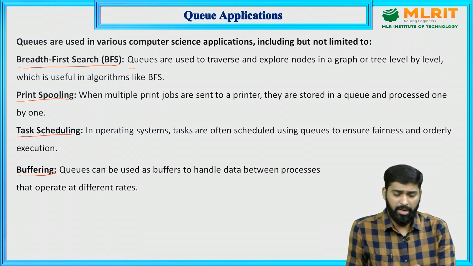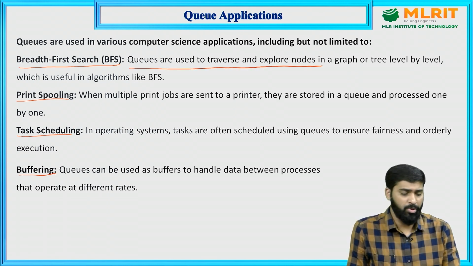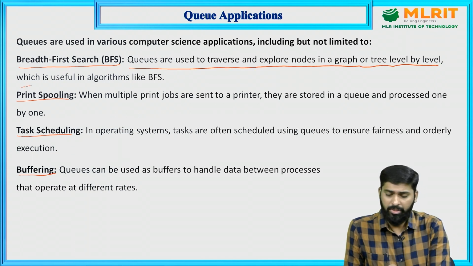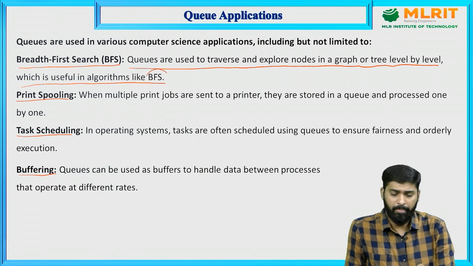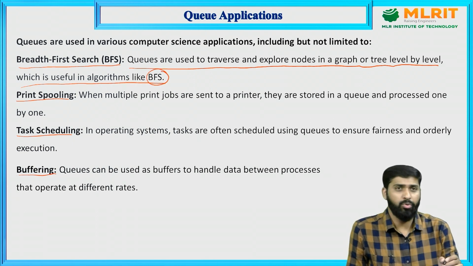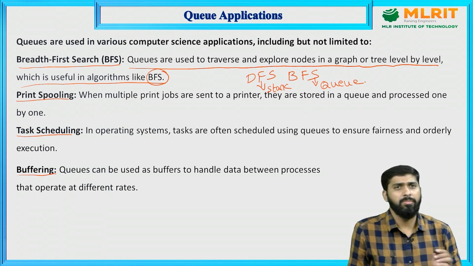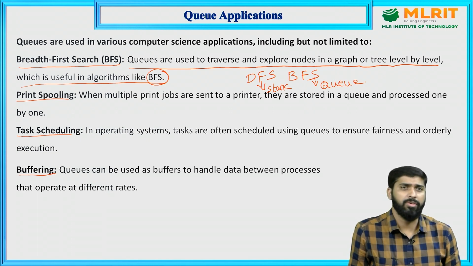Queues are used to traverse and explore nodes in a graph or tree level by level, which is useful in algorithms like BFS. We have two types of algorithms for graph traversal, one is DFS, another one is BFS. In DFS we use stack. In BFS we are going to use queue. These algorithms we are going to discuss in future videos.